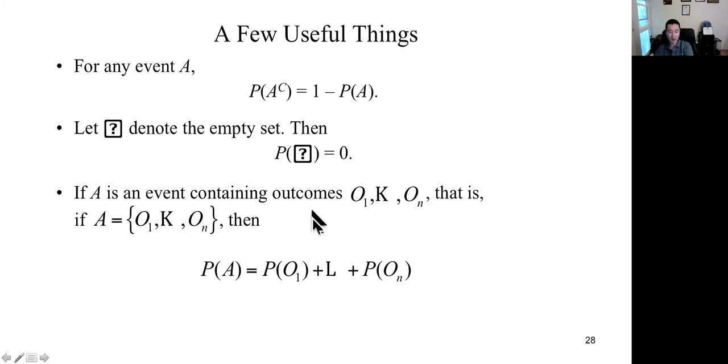For example, the event that we get an odd number includes outcomes 1, 3, and 5. So the probability we get an odd number is equal to P(1), the probability we get 1, plus P(3) plus P(5).